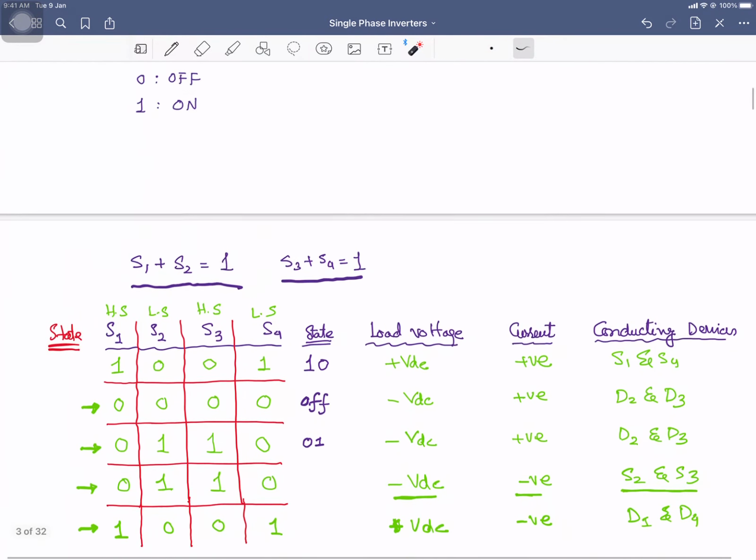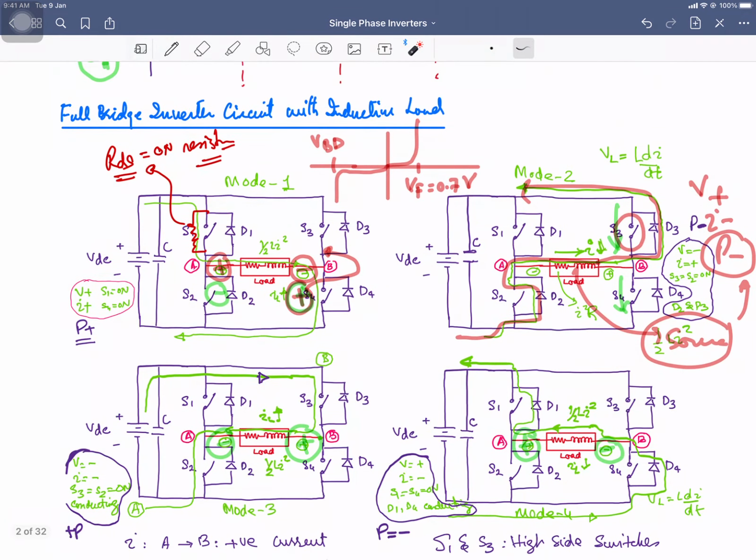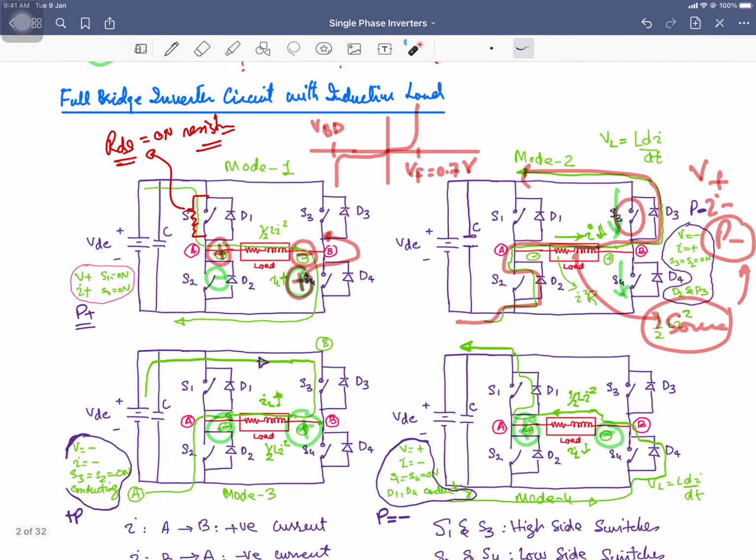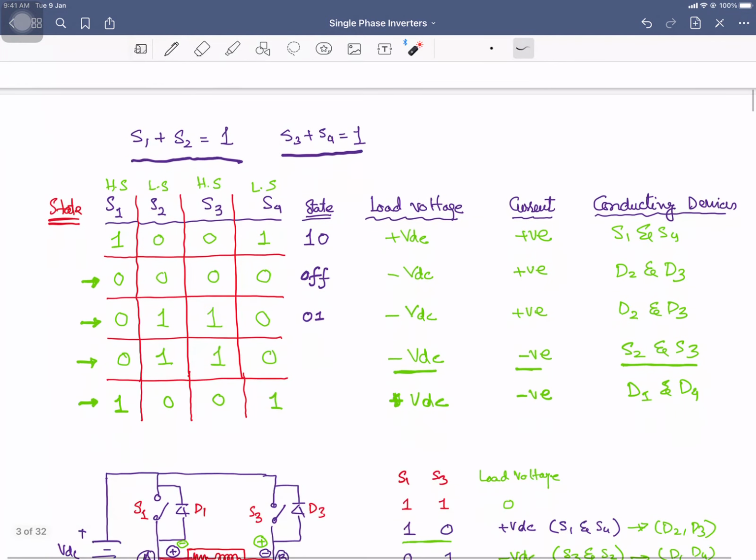Okay, so one more thing that we are going to discuss over here, that these two switches cannot be turned on together, and we are assuming the complementary operation at the moment, that when we are going to turn off these switches, we are going to turn on the opposite switches, and S1 and S2 are not turned on simultaneously, right?